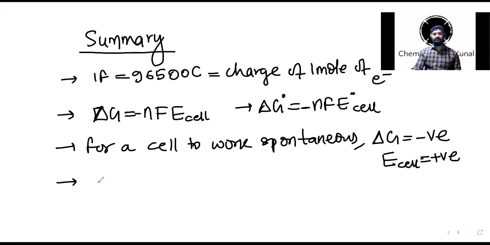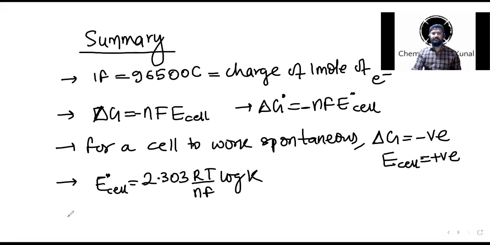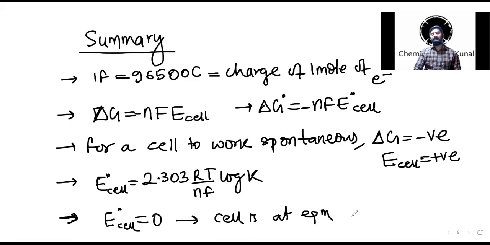And then I told you that E naught cell is equal to 2.303 RT by nF log K. That's how the relation of E naught cell with K is. And then at the end we discussed E cell 0 when the cell is at equilibrium. And here the cell stops working.